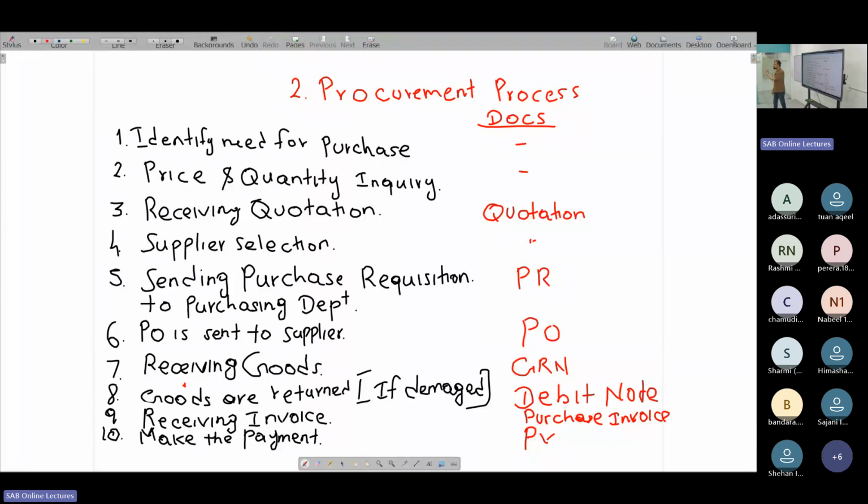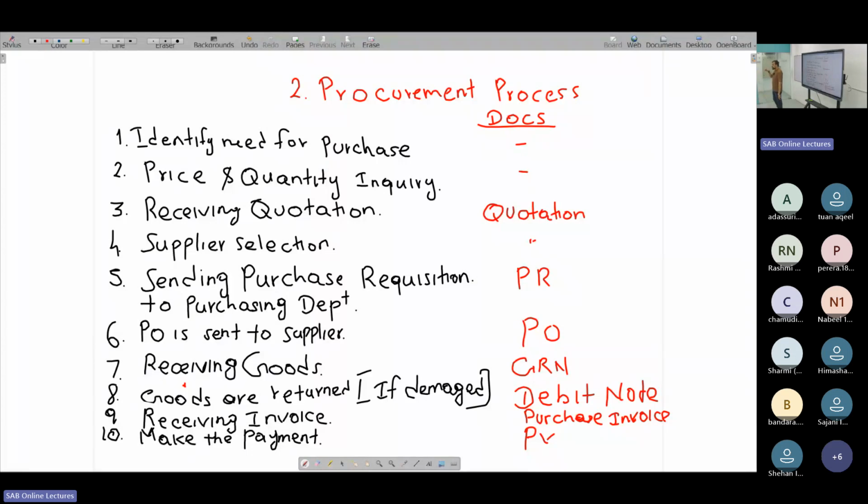So we have 10 processes, 10 activities involving the purchase process. So these are the documents. Up to PO we have written the purposes, no? PO purpose given.